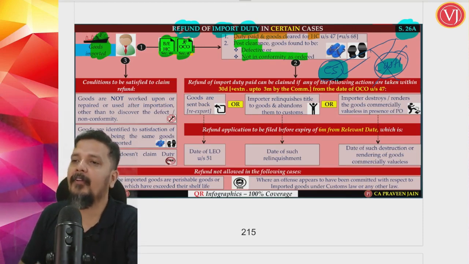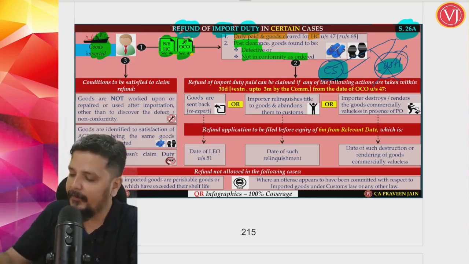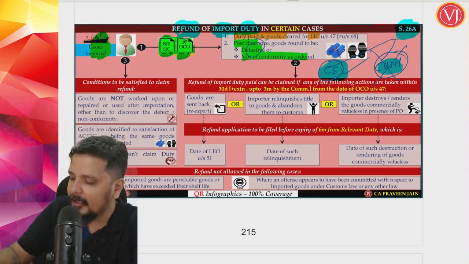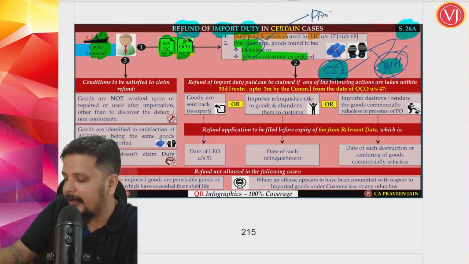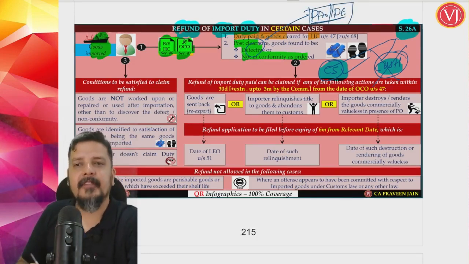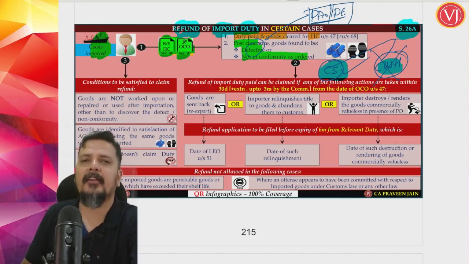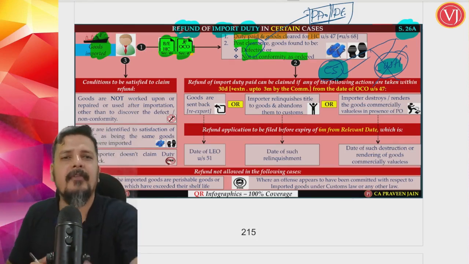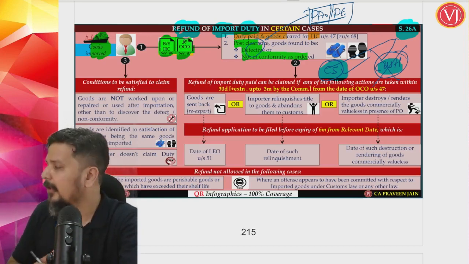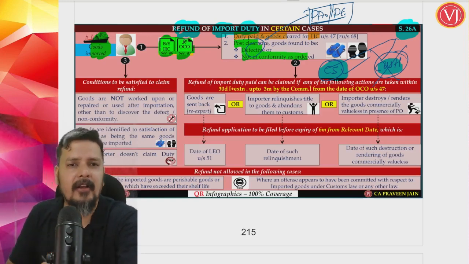When I use the term defective, it can be damaged or deteriorated, which we have discussed earlier. Defective includes both damaged and deteriorated. Or not as per your order: if goods are fine, but you have ordered some other quality and received some other quality, it's not as per your order.